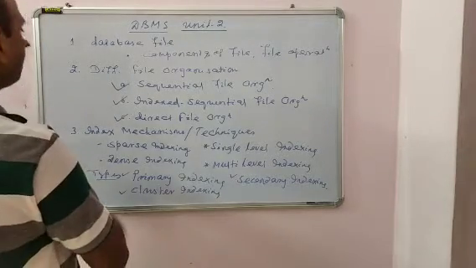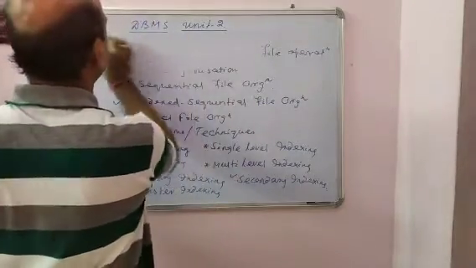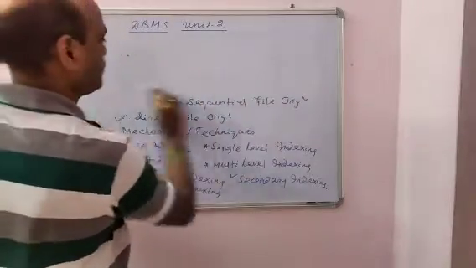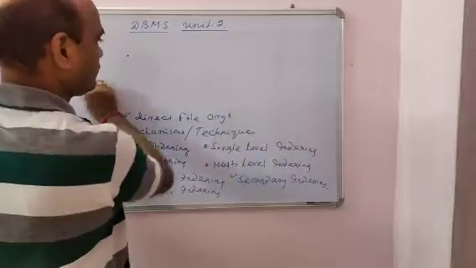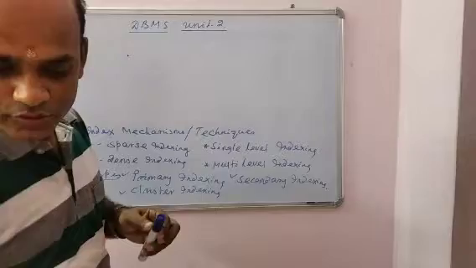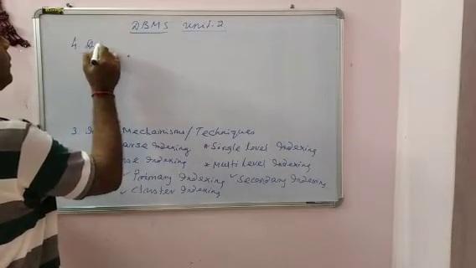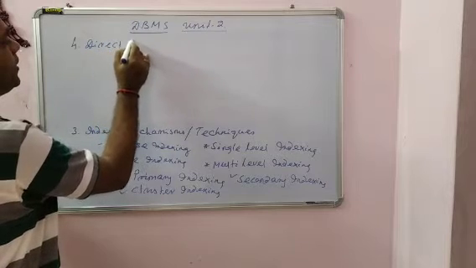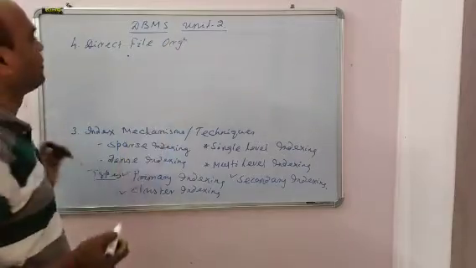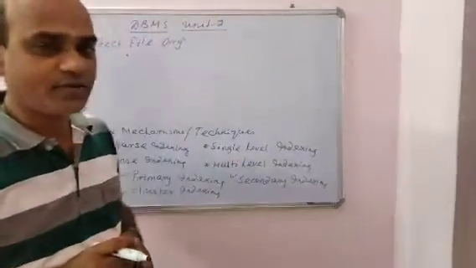So in a direct file organization, we can directly access a particular record from the database file.